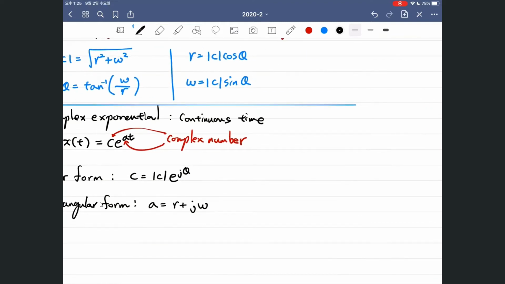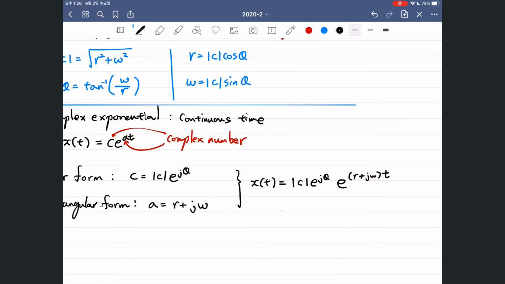And with the help of these two, we can write down x of t as follows. C becomes the polar form, and e to the A t, where A is in rectangular form, can be written as follows. Now obviously we can bind these two because they have a j term here.